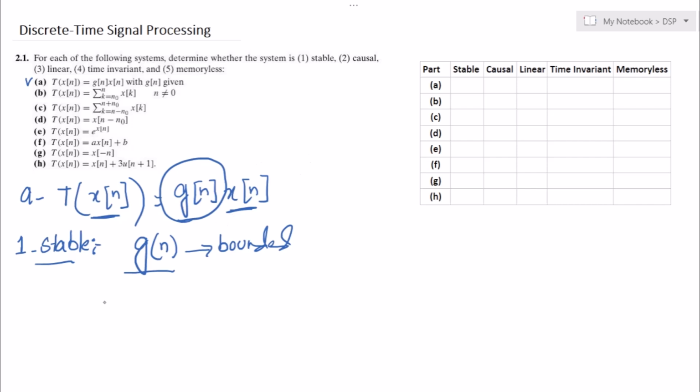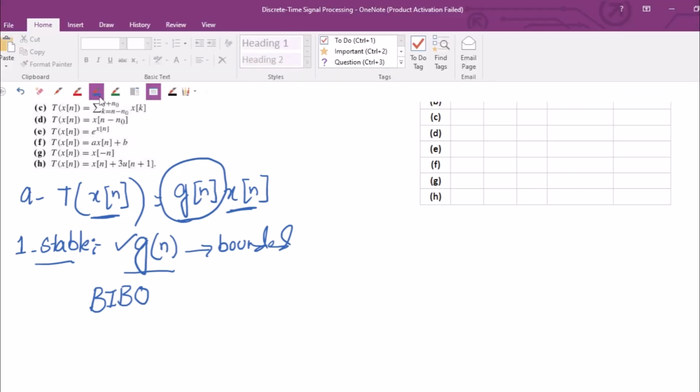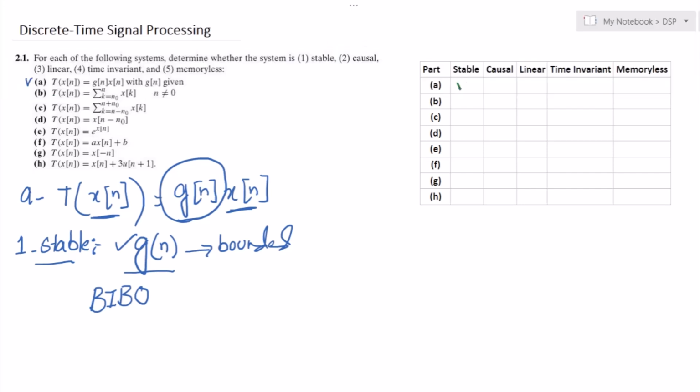So this is the BIBO, bounded input, bounded output condition. Here the stability is solely relied upon this g of n. If this g of n is given and this is stable, the system will be stable. So let me call it stable. Here the system is stable. Okay, I have indicated it.